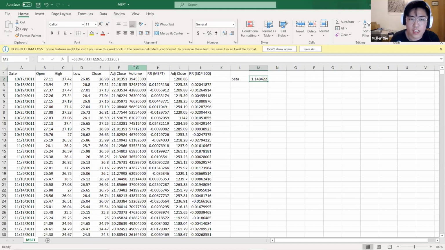So the beta I got here is 1.148. I will just copy paste this one and input this data back into the model that we are using.